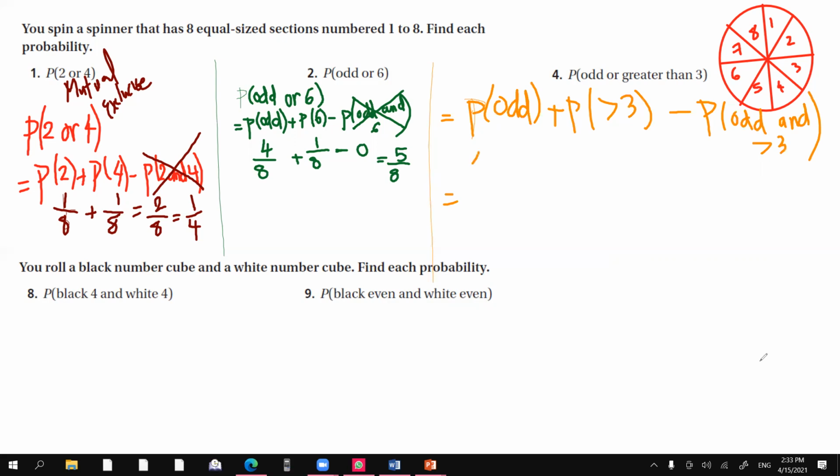We have 4 numbers. Bravo. How many numbers are greater than 3? 5. Bravo. Now, how many numbers are odd and greater than 3? You have 5 and 7. 2 numbers. 2/8. So 4 plus 5 is 9, minus 2. So it will be 7/8.